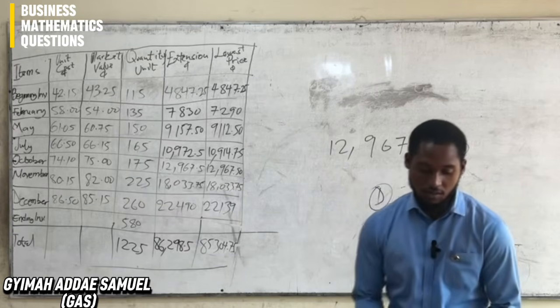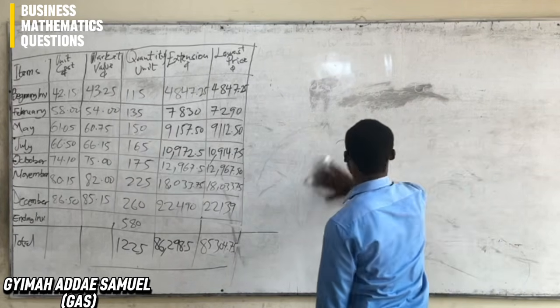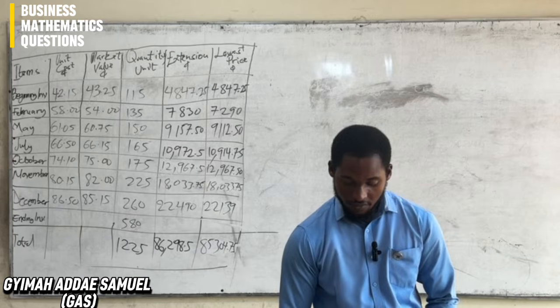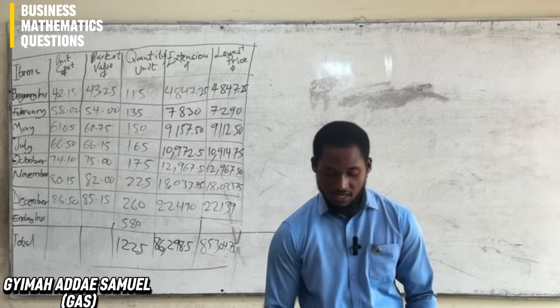We proceed to question 14. It says, what is the value of inventory using the average method? The value of inventory using the average method is average cost times ending inventory.